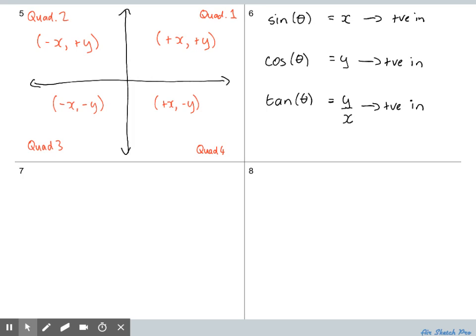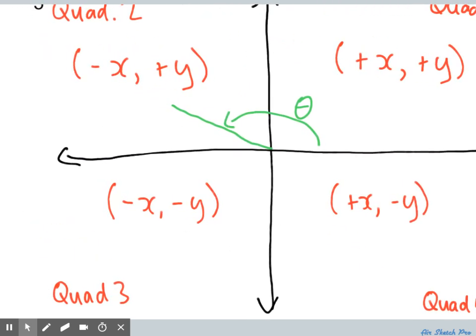Okay. So what we do is we say this is angle theta. It is an obtuse angle. It's between 90 and 180. I'm going to zoom up on that. This angle here is what we call the reference angle. I'll draw it in blue. It's the same symbol, but we put a little hat on it.